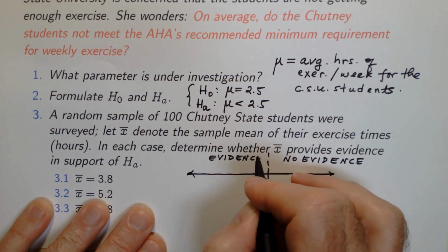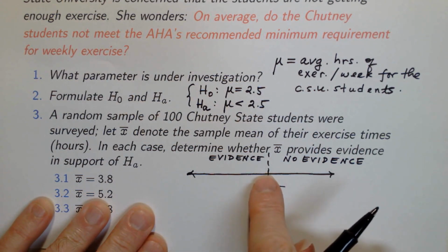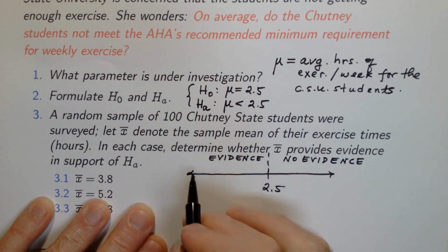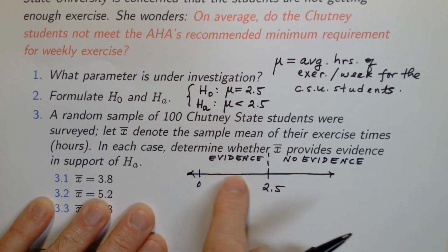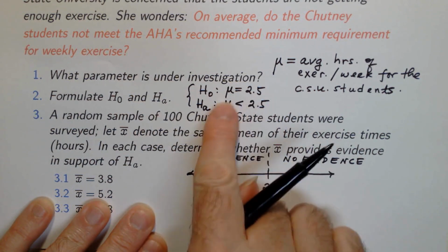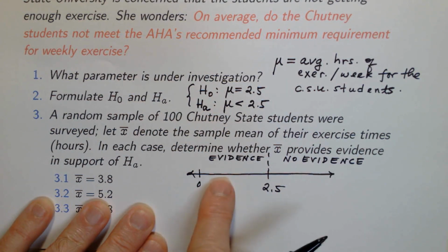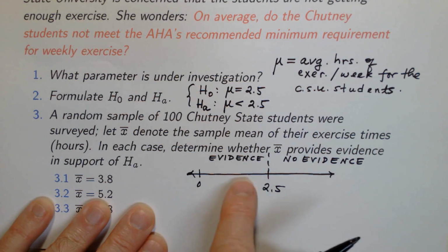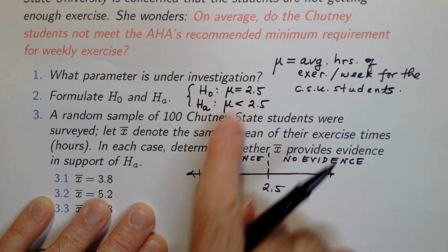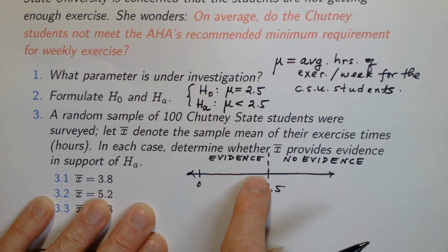Now, let's just remind ourselves, as this value of X bar drops down closer and closer to, let's say, 0, the evidence in support of this exceptional claim, or this significant claim, is actually getting stronger. Okay, so we would say that on this side is where the evidence in support of HA exists, and it's also getting stronger in this direction towards the left.